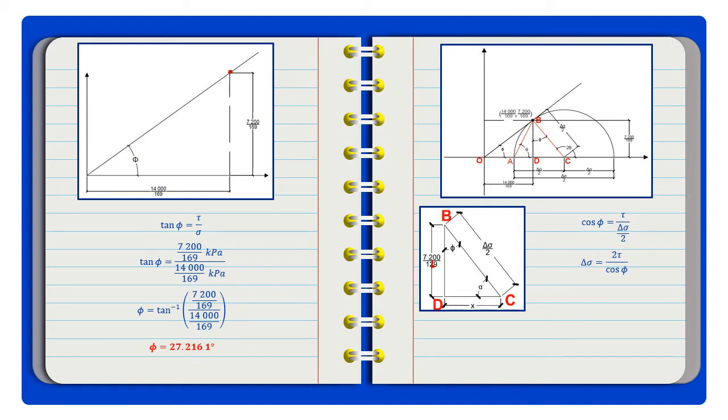Then, substituting yung mga values natin. So, delta sigma is equal to 2 times yung shear stress natin na 7,200 over 169 divided by cosine ng 27.2161 degrees. Then our calculator will give us the delta sigma or yung deviator stress na 95.815 kilopascals.